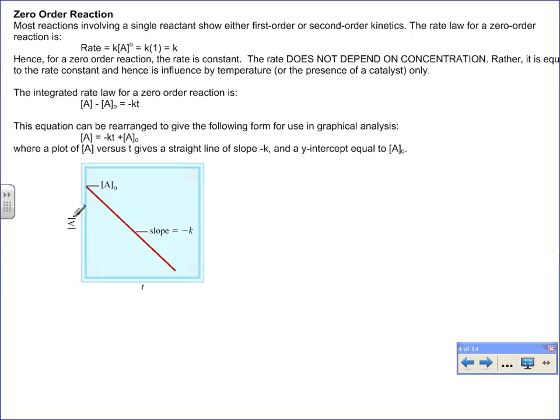So when you look at a graph of concentration versus time, when the order of the reaction is 0, what you get is simply a straight line. And the slope of this line is negative K. Okay, the concentration of A is simply decreasing in a linear fashion.